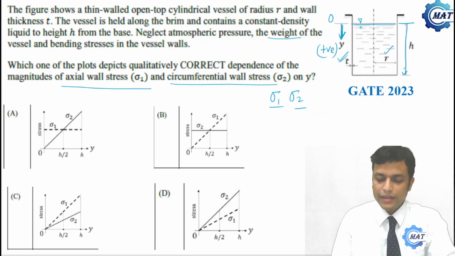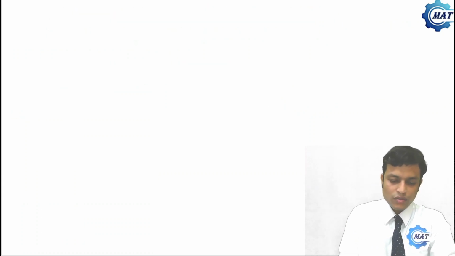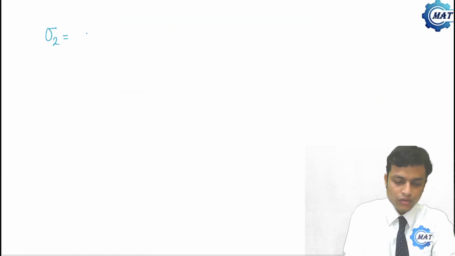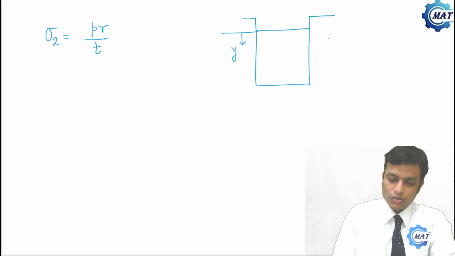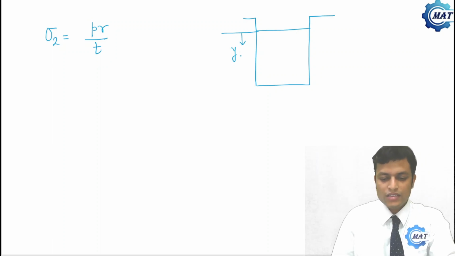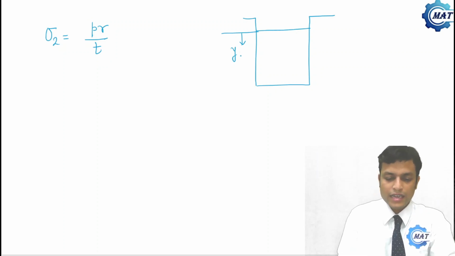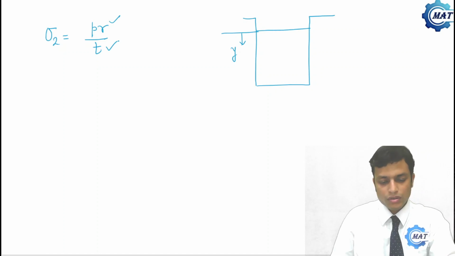We know that this is a cylindrical pressure vessel. So sigma 2 is always PR by t. Now, this is the y direction, so P increases with y. As y increases, P increases, and R and t are constant.